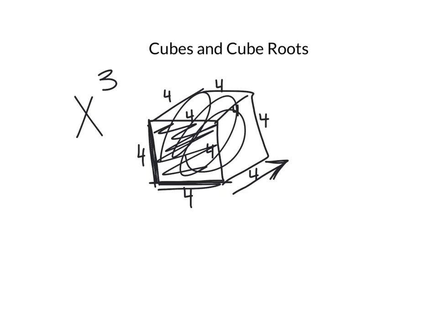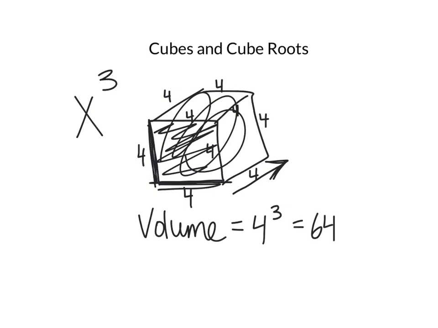So you're multiplying 4 times 4 times 4 to get the volume of the cube. So 4 times 4 is 16, times 4 again is 64. So the volume of this cube is going to be 4 to the power of 3, or 4 cubed, which is equal to 64. So that's where it gets its name from.